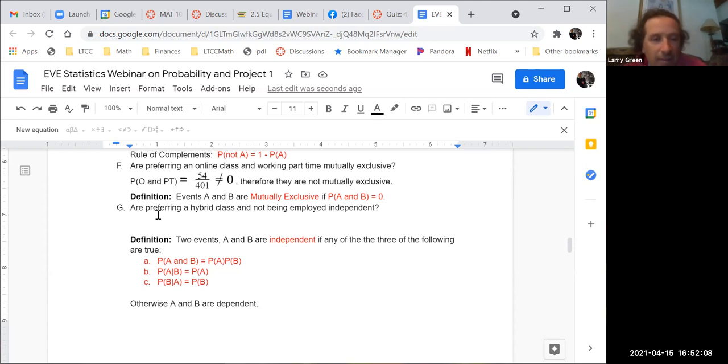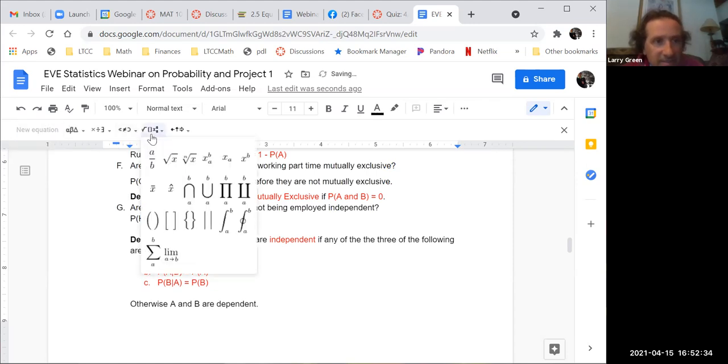So now we're able to answer part G. So let's find the probability of A given B. So that means the probability of preferring hybrid, that's H, given not being employed. Let's call that NE for not employed. And let's find that probability.